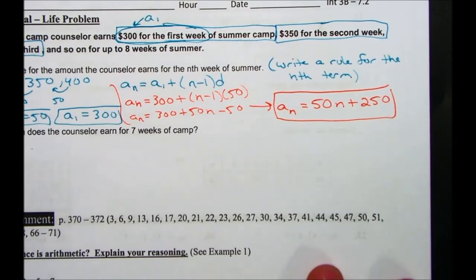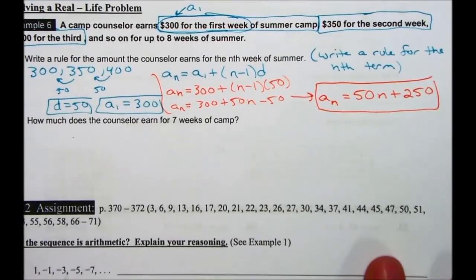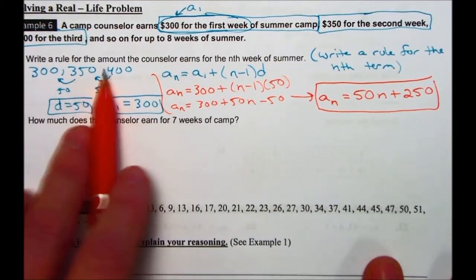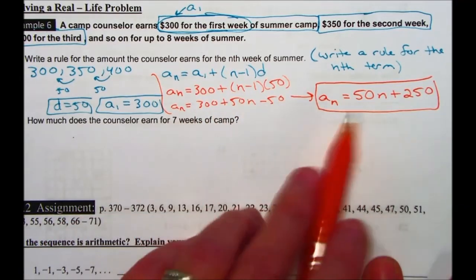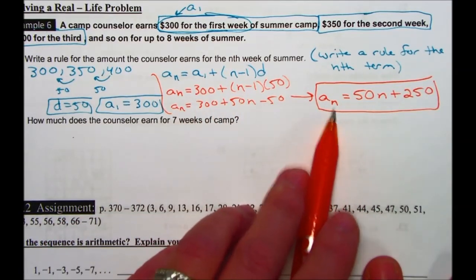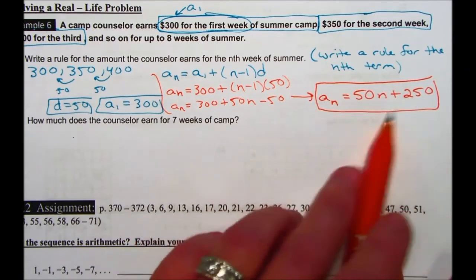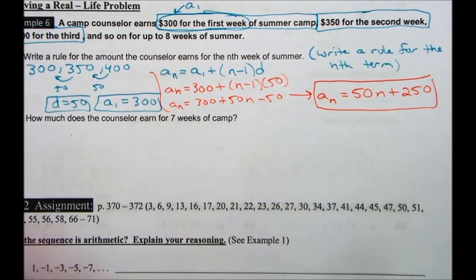All right, so we satisfied part A, which said write a rule for the amount the counselor earns in the nth week of the summer. So if you put a 3 in there, or 4, or 5, you would figure out what they earn in those weeks.